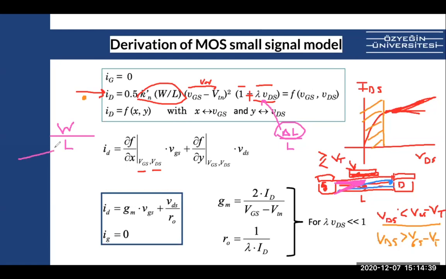So now your length, instead of this one, is this one. Your length becomes smaller, which means the current increases. So this shows that when effective L decreases, your current increases as a function of VDS.